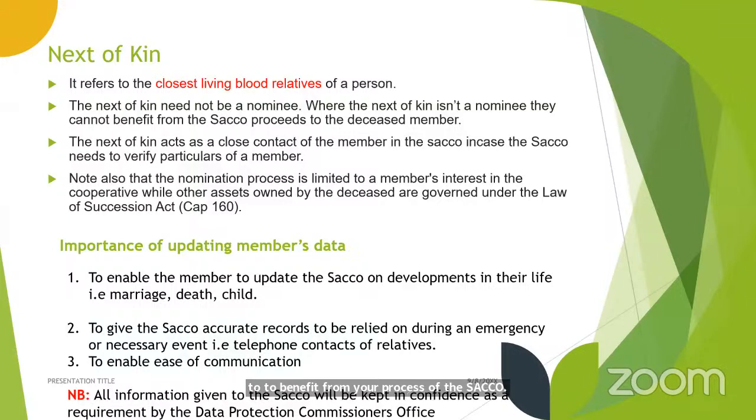For example, saying you're now married and you now want to nominate your wife. Or if any member you nominated died, it is important to also update that record so that we can advise you to now nominate a new person. Also, if you have a child, you might opt to nominate them to be amongst the nominees.